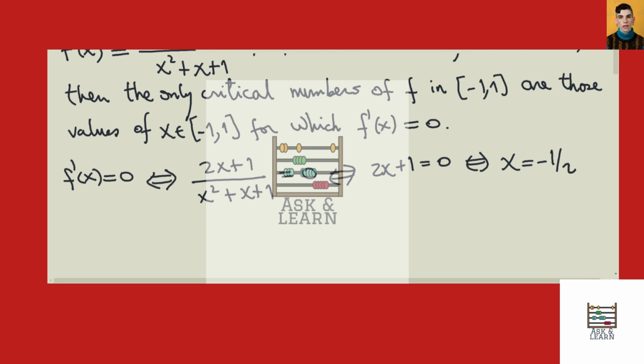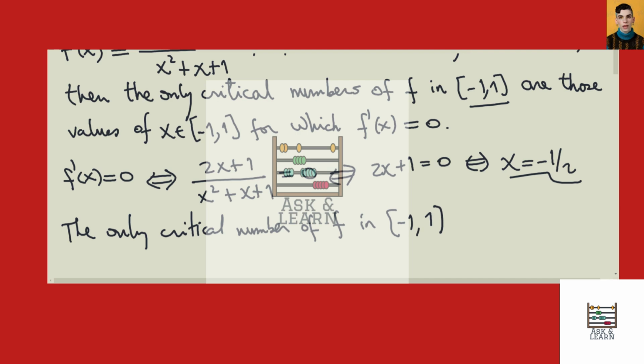Of course, this number is in the interval from -1 to 1. So the only critical number of f in the interval -1, 1 is x equals -1/2.